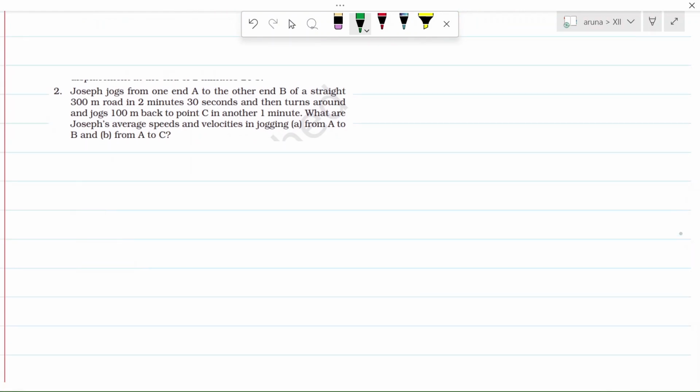Okay, now this question is from the exercise of the book. It says Joseph jogs from one end A to the other end B of a straight 300-meter road in 2 minutes and 30 seconds, and then turns around and jogs 100 meter back to point C in another 1 minute. What are the average speed and velocities in jogging from A to B and A to C? Okay, let's first draw the diagram.